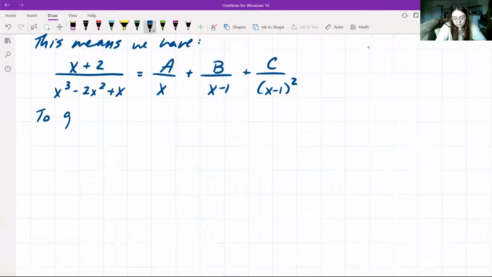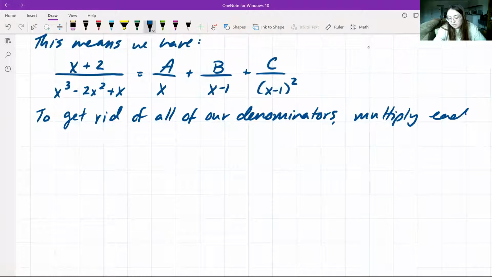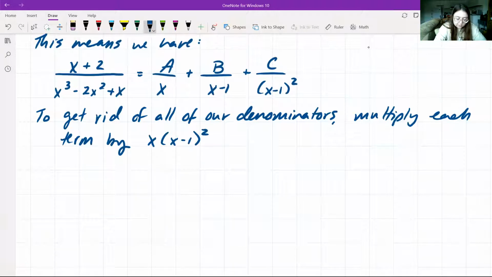So to get rid of all of our denominators, we want to multiply each term by x times x minus 1 squared, which we also know is equal to x to the power of 3 minus 2x squared plus x.